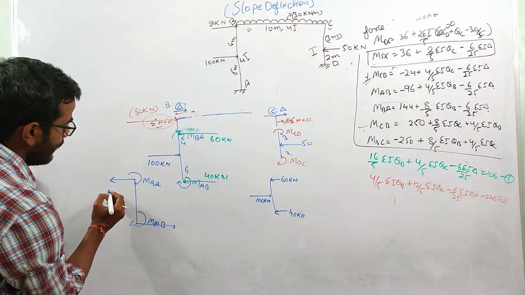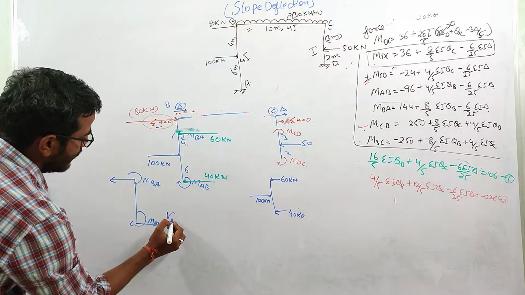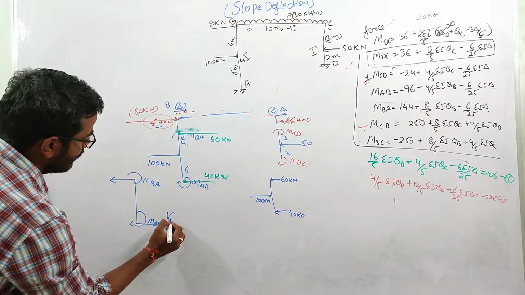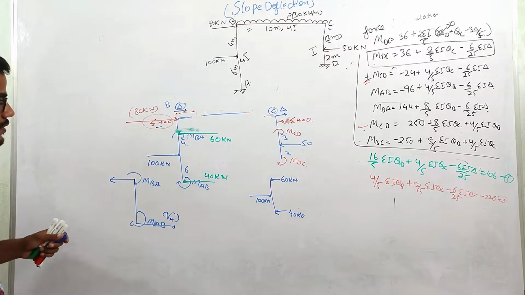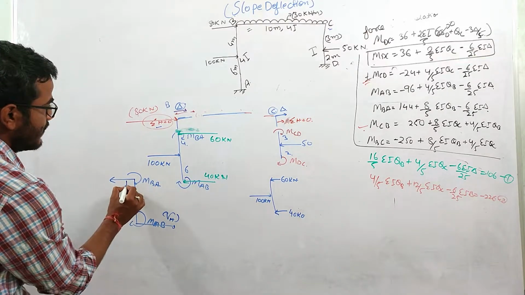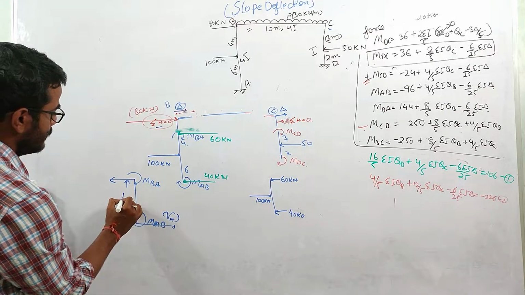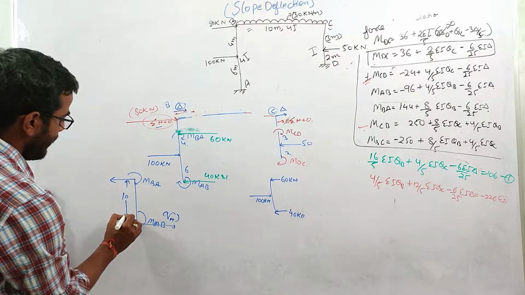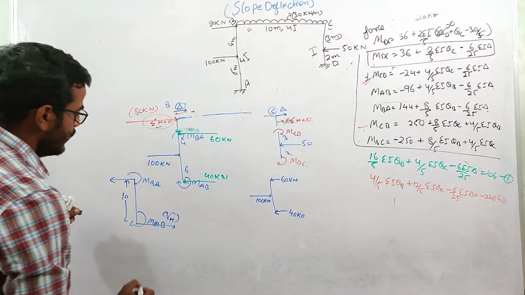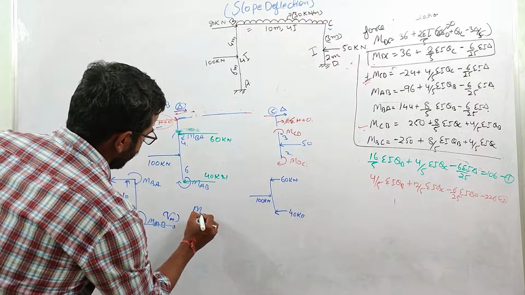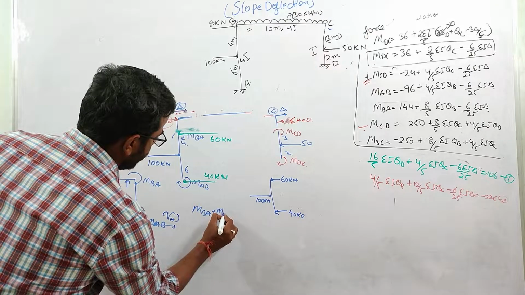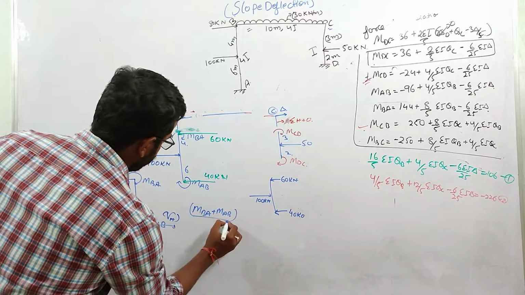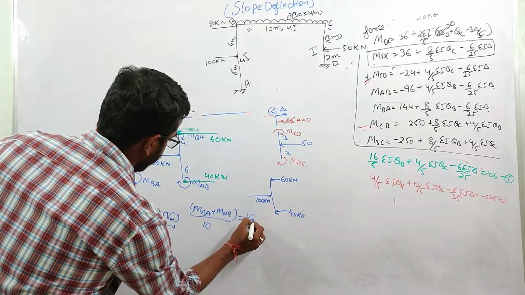Let us suppose these reactions are basically VH. And this distance is 10, which is already given. So I can write MBA plus M of AB over 10 equals to VH.